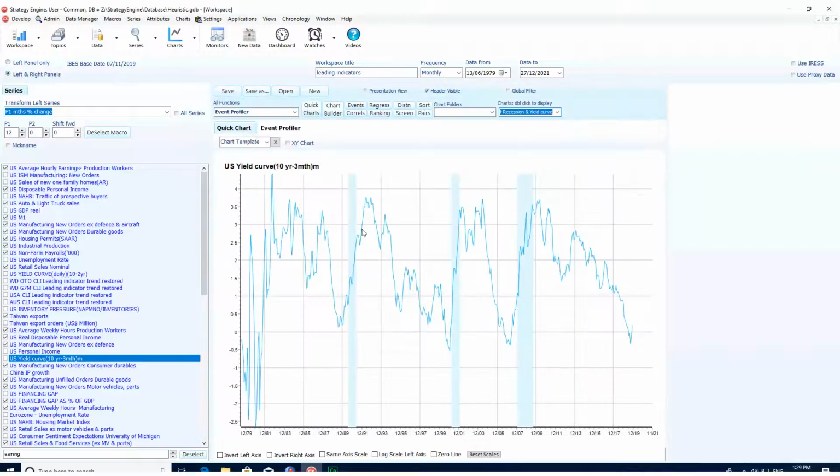But should we be happy and confident that a recession has been avoided with the yield curve moving back into positive territory? Well, no, because if we look at previous recessions, the 2007 recession, the 2001 and the 1990s, the curve was re-inverting, moving back to a positive position ahead of the recession, in the sense that damage had been done.